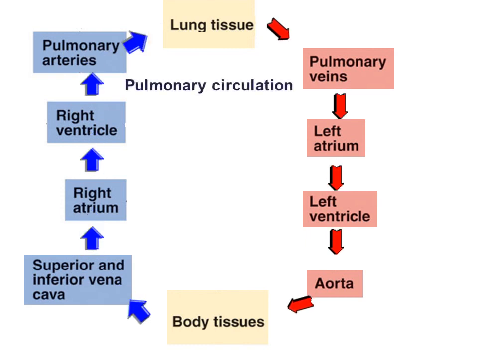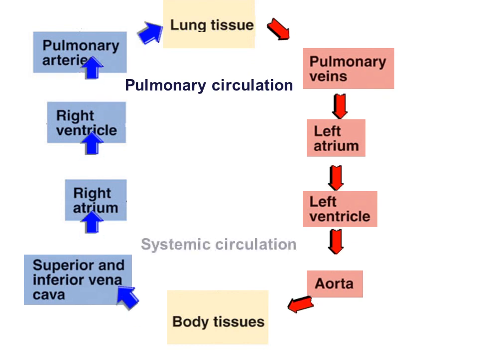The circulation of blood from the right side of the heart to the lungs to be oxygenated and back to the left side of the heart is called pulmonary circulation, while the movement of blood from the left side to the body tissues, giving oxygen to the tissues and returning to the right side, is called systemic circulation.